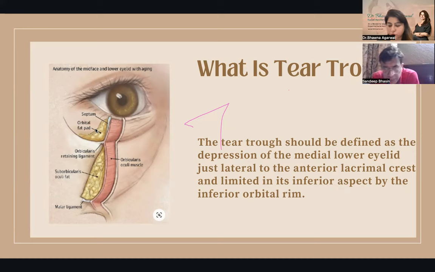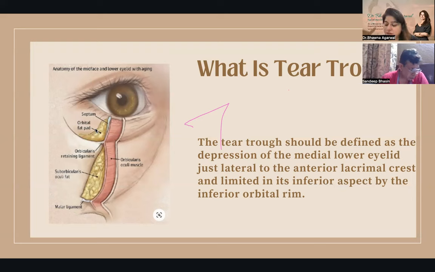So now there is grading of tear trough. Tear trough shadows can be primary and secondary. Primary shadows are, as I mentioned, in young individuals. It is a tethering of the skin. Even in children, you can see tear trough, because the ligament is tightly tethered to the bone and skin. So that is the primary tear trough, which we are not treating.